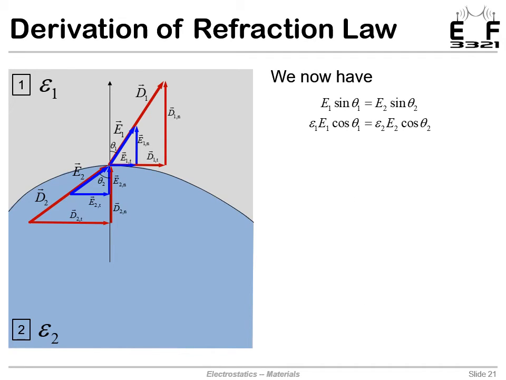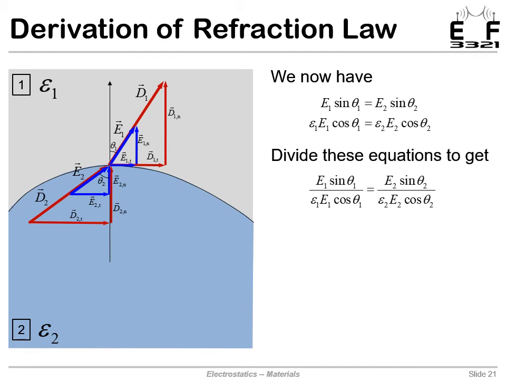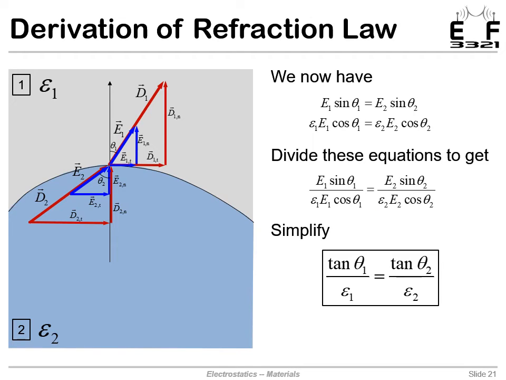Okay, so those are the two equations that we derive from our boundary conditions. Now what we can do is divide those equations. So we'll have E1 sine theta 1 divided by this expression, E2 sine theta 2 divided by this expression. Now we notice that the E1s cancel and the E2s cancel, and sine over cosine is tangent, and that is our law of refraction for electrostatic fields.